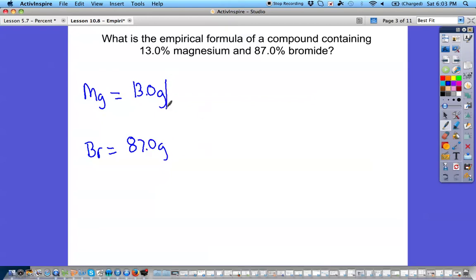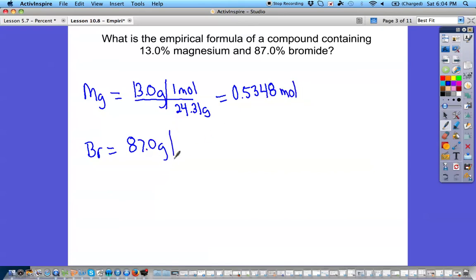Then we're going to convert to moles, so 1 mole over 24.31 grams. So basically you're just dividing it by the molar mass. So that should give us 0.5348 moles. Please take these to 4 sig figs.